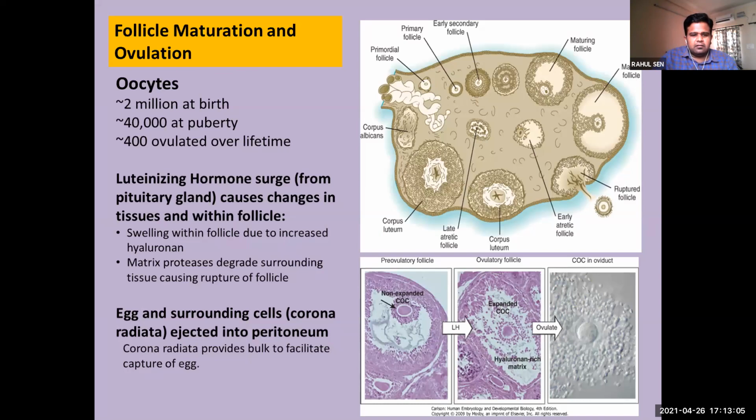The oocyte basically feels all the changes, and these changes are also caused by luteinizing hormone that changes the tissues, and swelling is seen within the follicle due to increased hyaluronan content. Matrix proteases later degrade, and the natural cycle goes on with the egg and surrounding cells ejected into the peritoneum, and then ovulation occurs.